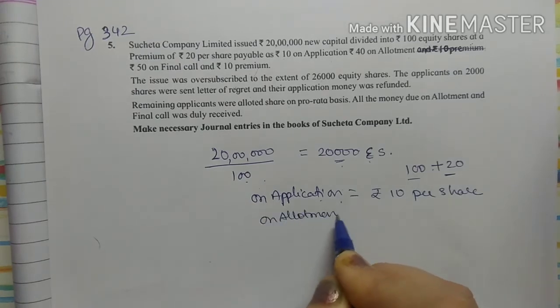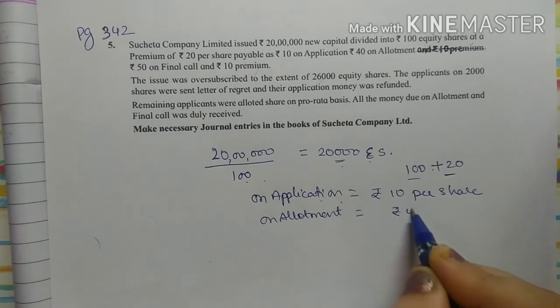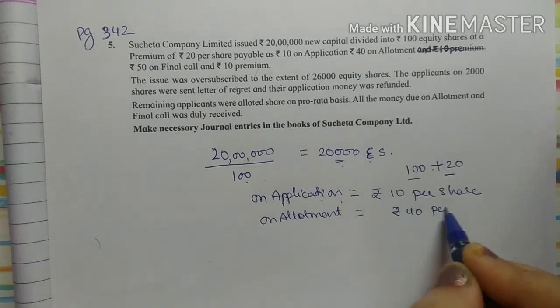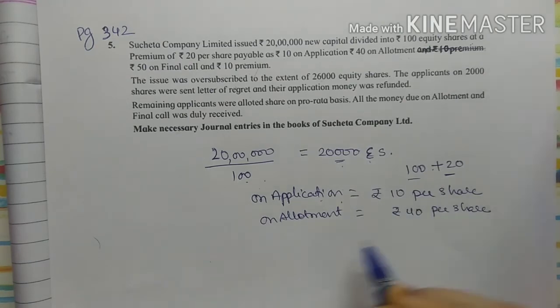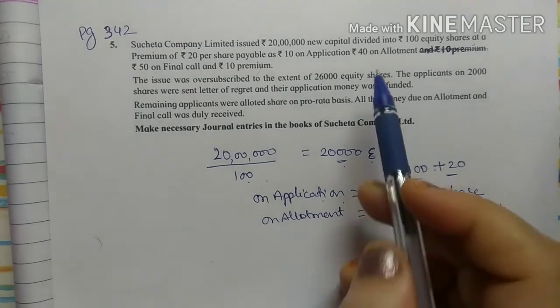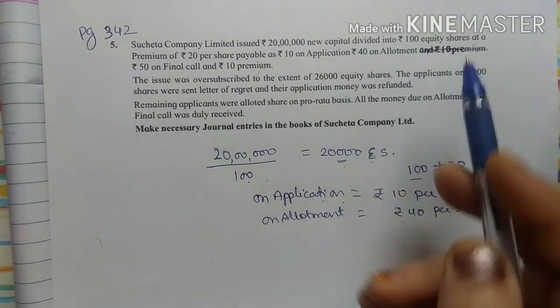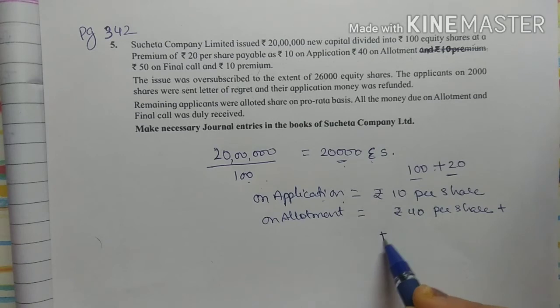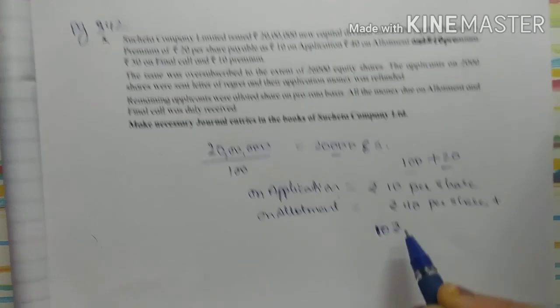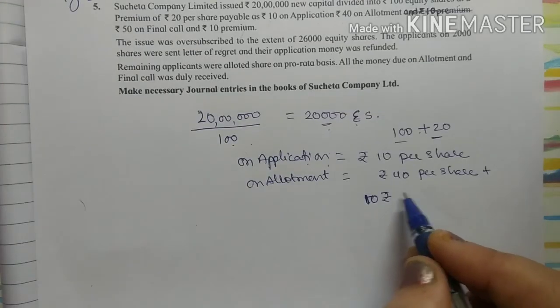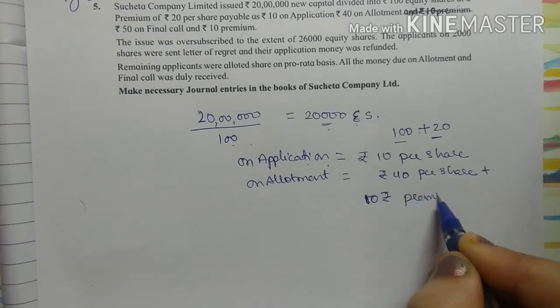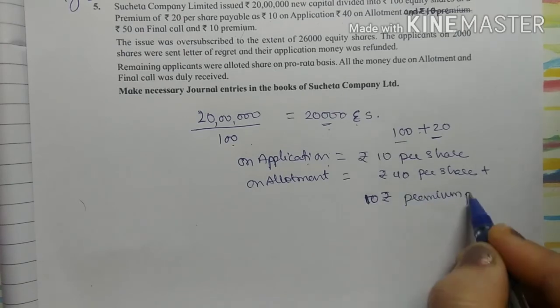So on allotment, they asked rupees 40 per share, plus, see, 40 is on allotment and rupees 10 as premium, right, per share.